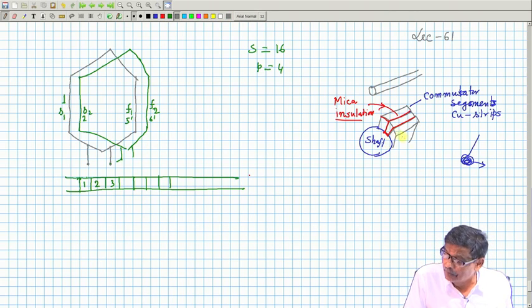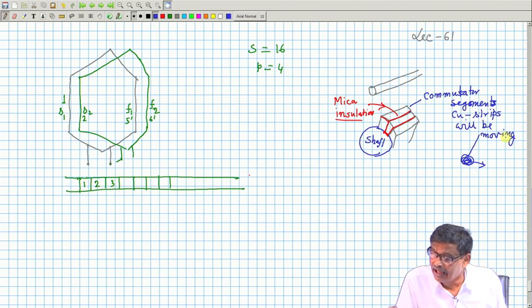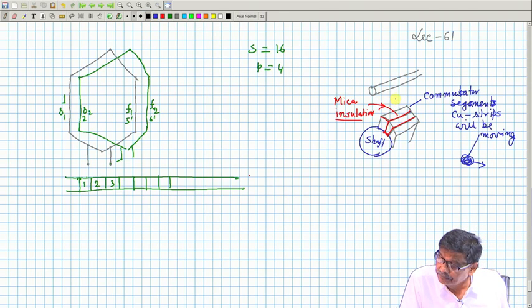Your commutator segments will be moving, and you make arrangements so that carbon brushes will touch these commutator segments with the help of some spring and external thing, so that this fellow will rotate, but the carbon brush will remain stationary.